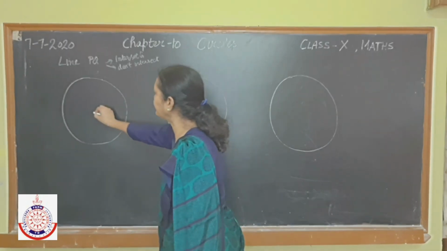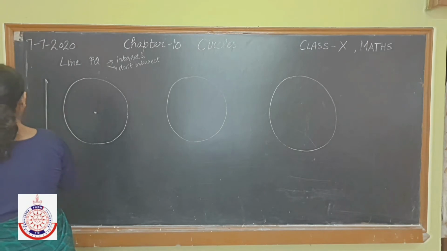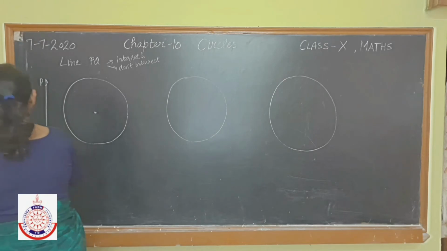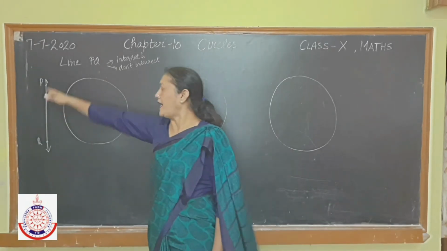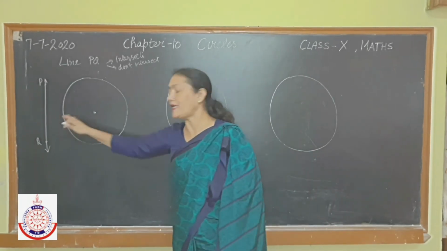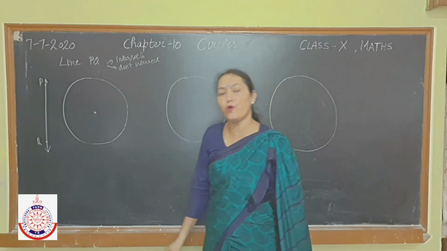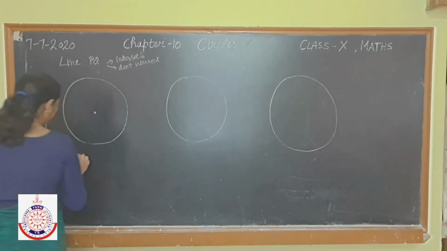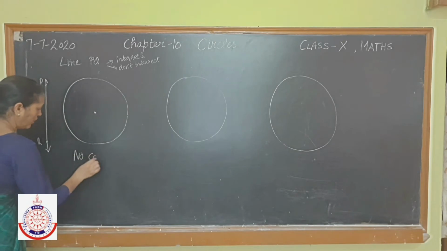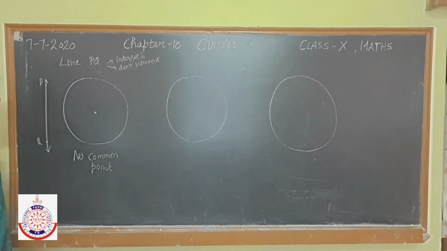This is the circle. I have drawn this line PQ. In this situation, the line is drawn, the circle is drawn, but the line is not intersecting the circle. That means there is no common point between the circle and the line.